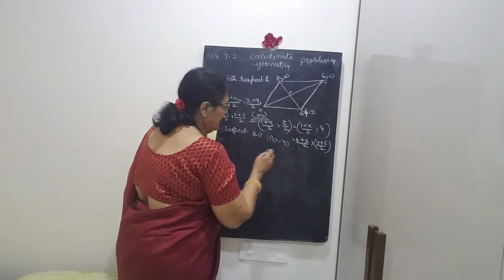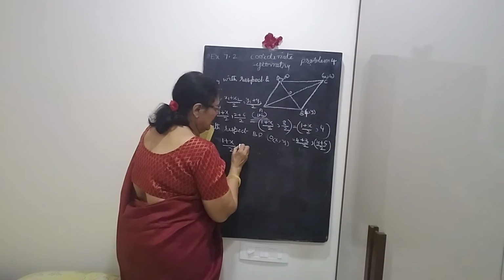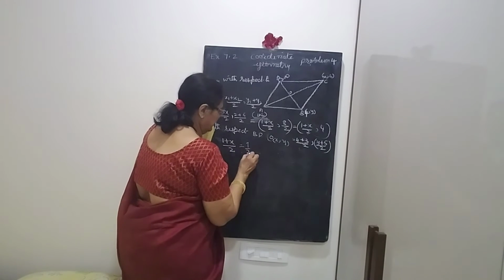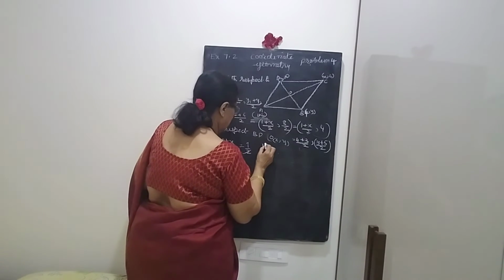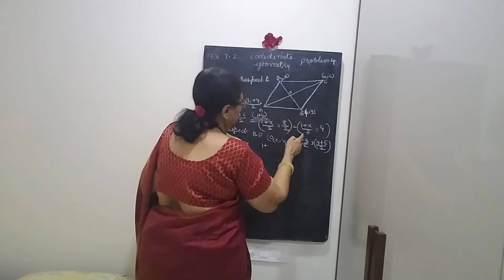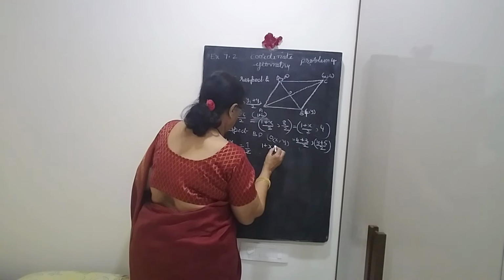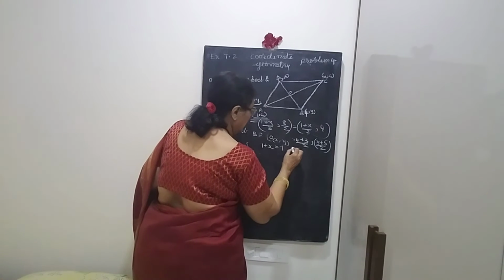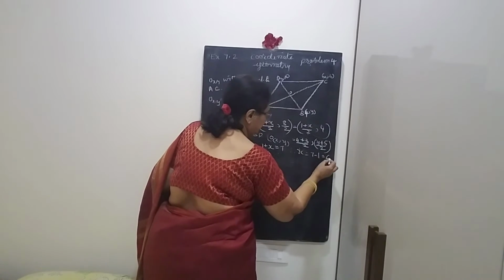Now you will compare. (1 plus x) by 2 is equal to 7 by 2. The 2 you will cancel. 1 plus x is equal to 7. Therefore x is equal to 7 minus 1, 6.